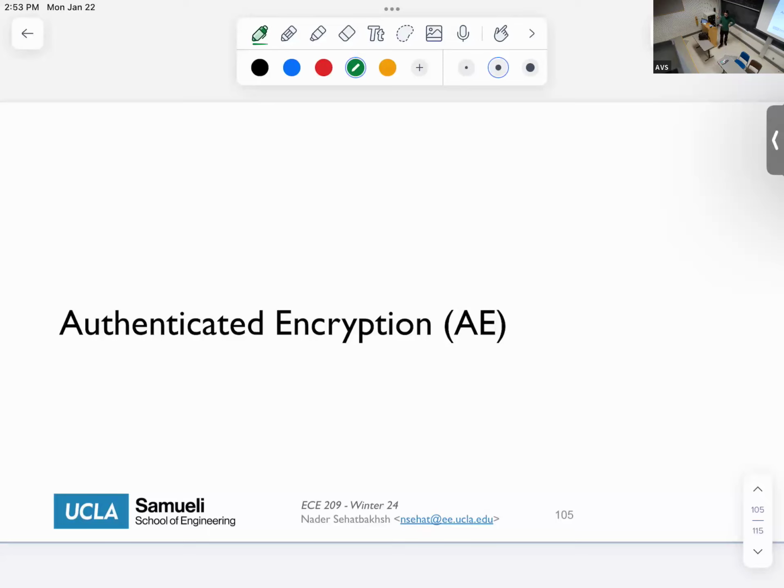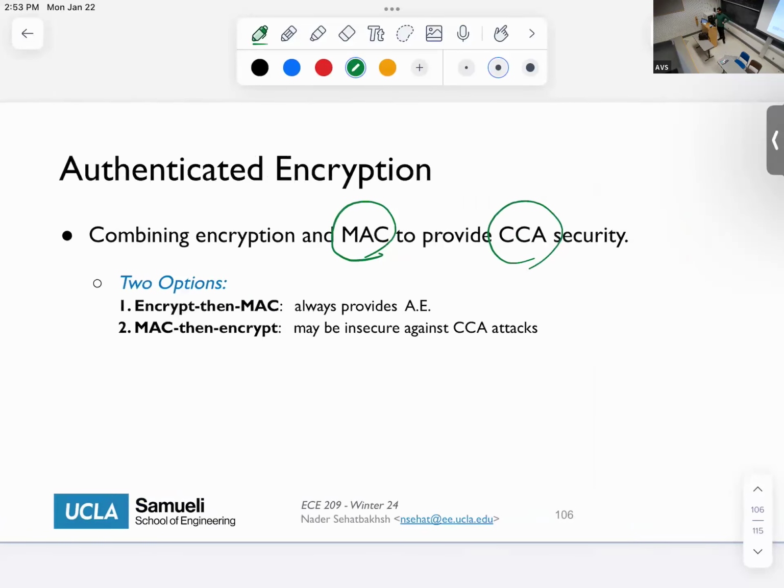So the speed problem, but the security problem here is more important. One of them is actually not secure, and the other one is secure. The one that is not secure is actually the first option. So you should not ever do MAC and then encrypt, because if you do MAC and then encrypt, it basically becomes very similar to encrypting a bigger message, right? So you're not really having the MAC capability here.